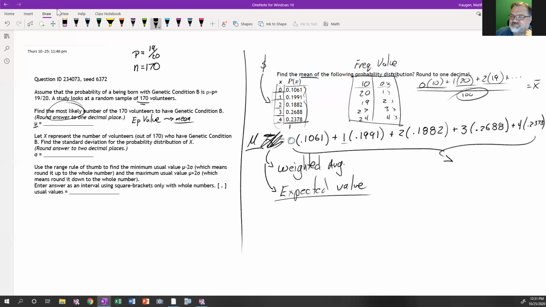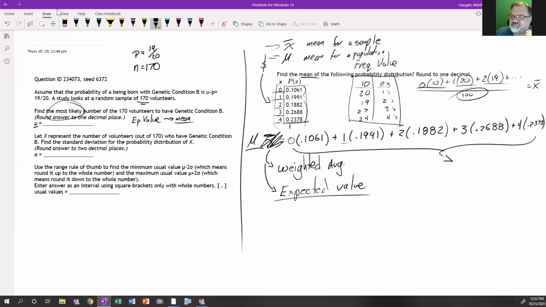As you're reading through your sections, and make sure you're reading through your sections, the difference between the X bar being a mean for a sample, versus the mu, mean for a population, is the difference between using the Roman letters and the Greek letters.